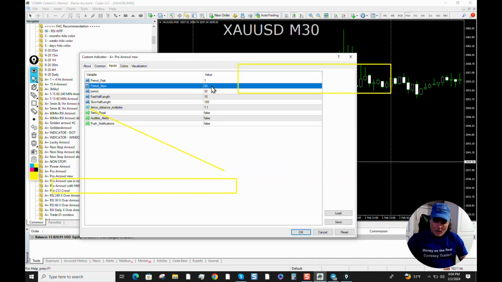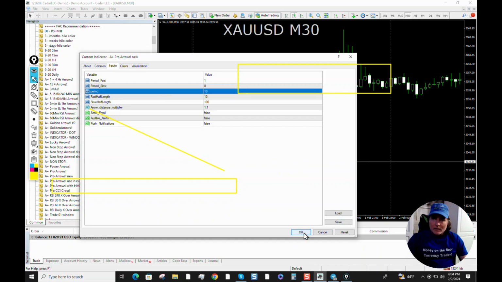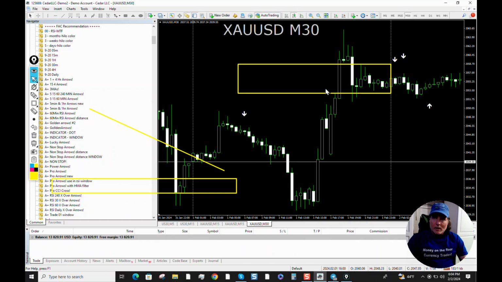We like a 1-8 cross. And there's different variations. This is more of a swing trading setup, the one that comes with this arrow. There we go, it's all set. Put that on there. Boom, just the arrows alone. There we go. Now you can see how much more that helps you too.